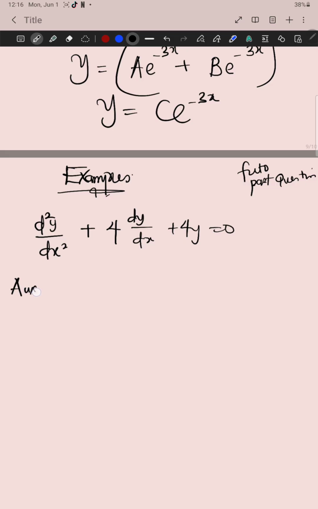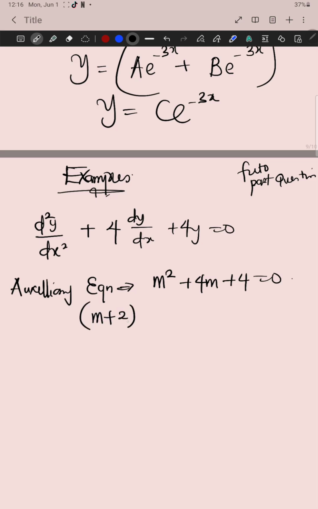Our auxiliary equation will be m squared plus 4m plus 4 is equal to 0. True or false? So it means that by factorization we have (m plus 2) squared is equal to 0. It means that m is equal to minus 2 twice.